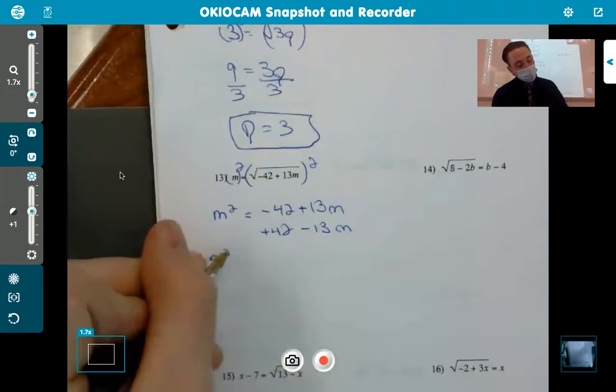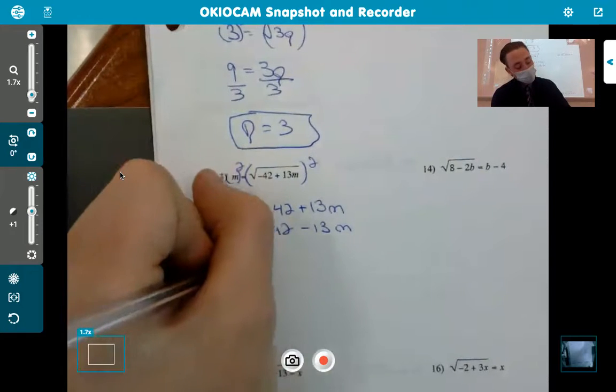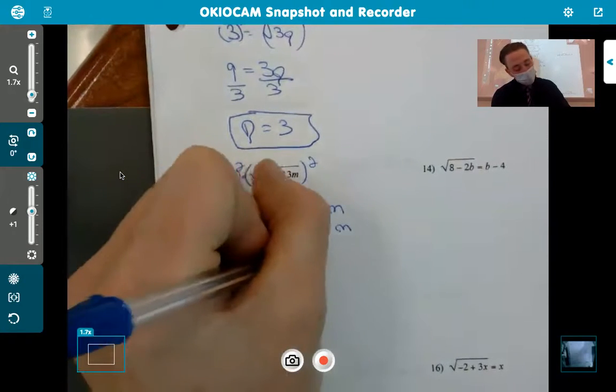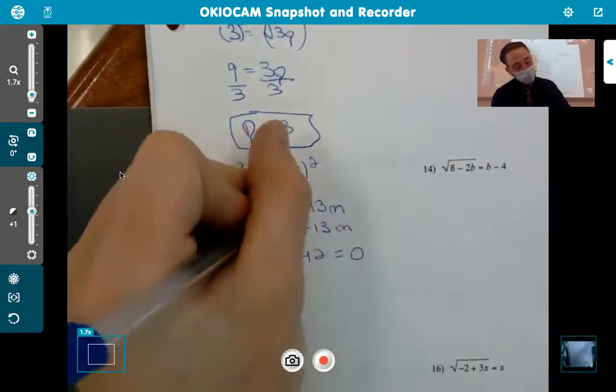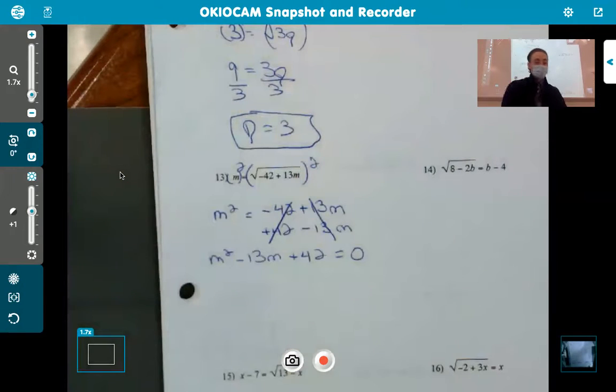So what I'm going to probably think to do is factor here. And I'm going to move all my terms to one side in order to start that process. So I'm going to have m squared minus 13m plus 42 equals 0.